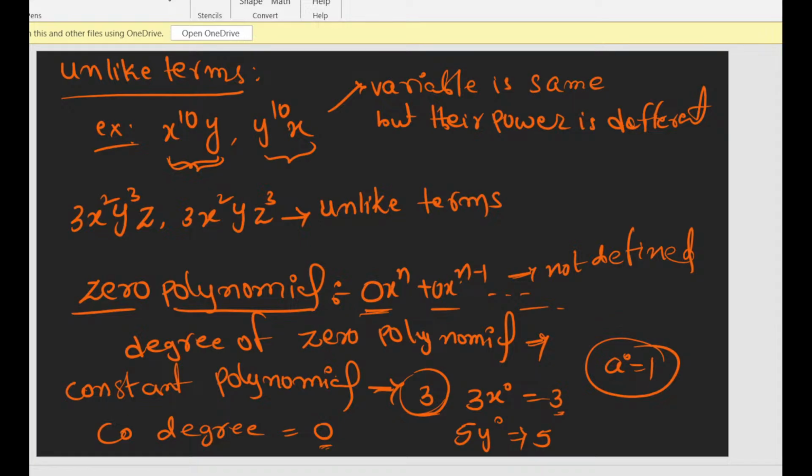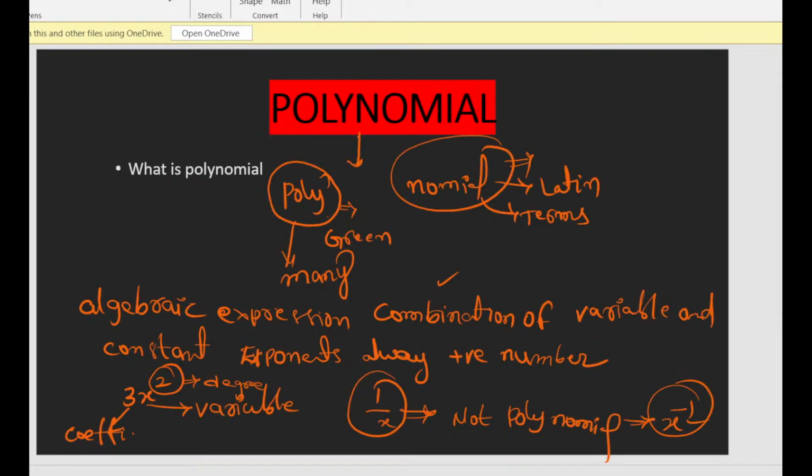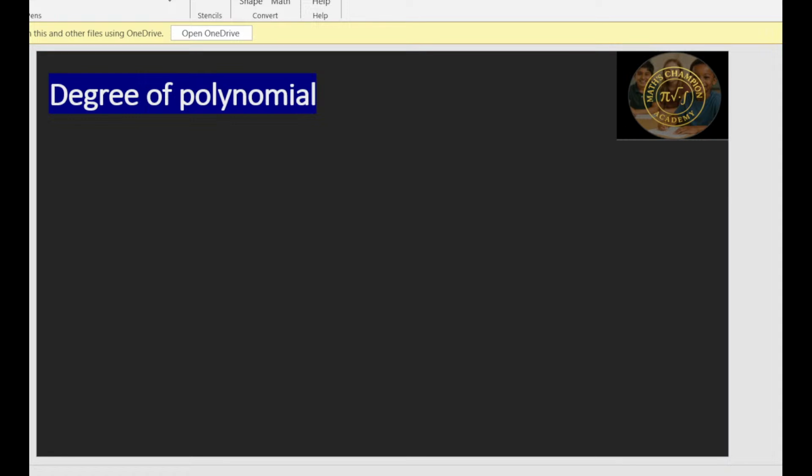Now, shall we go for next? It is a classification of polynomials based on terms and based on degree. I hope you are understanding. Now look at the degree of a polynomial. What is the degree of a polynomial? I told already. If a times x power n is there, here n we call the degree.